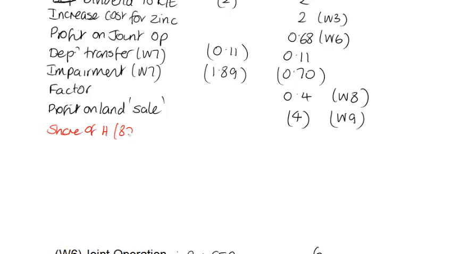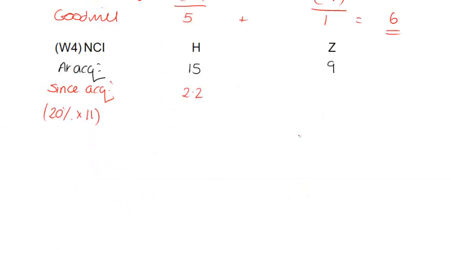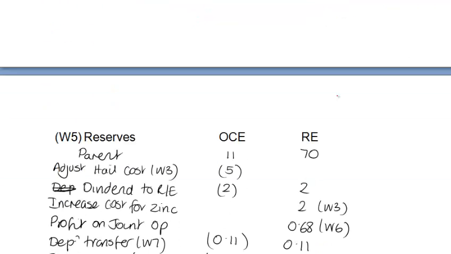Share of H, 80% times 11 is 8.8. For Zinc, since acquisition, the NCI are going to have 40% of 3.6. And that gives us a figure of 1.44. And we give the other 60% to the group.